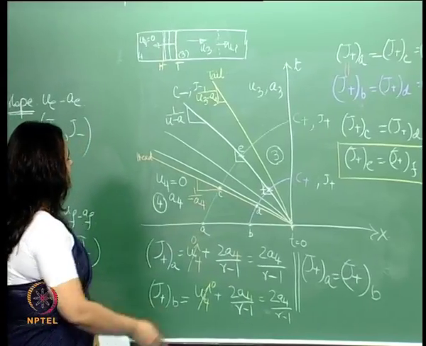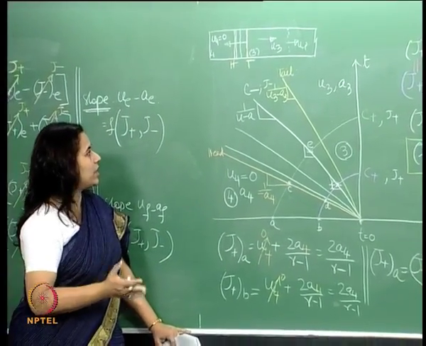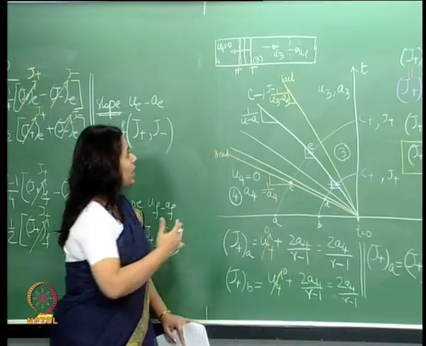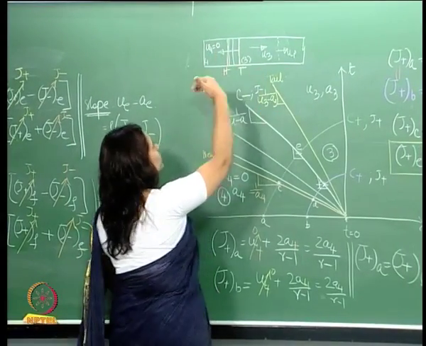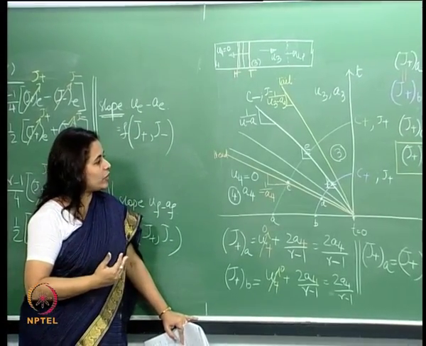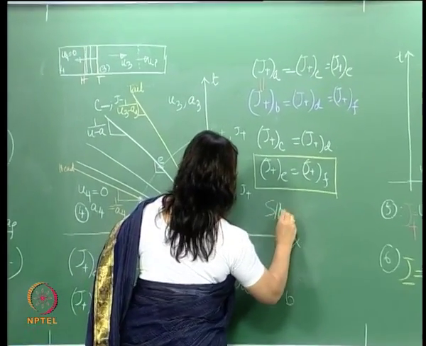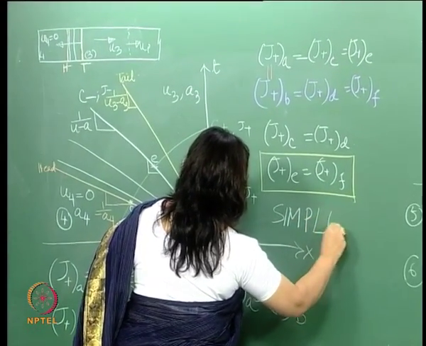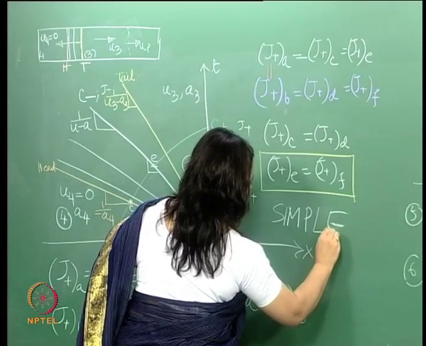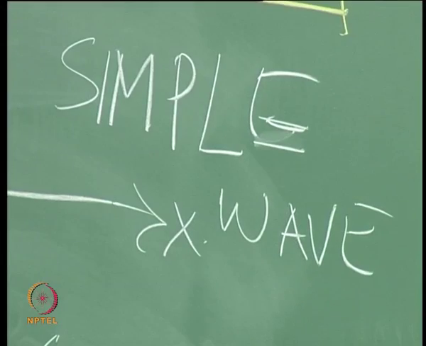So therefore, the C minus characteristics, or characteristics usually, become straight lines when the wave is moving into a quiescent flow. And this is usually called a simple wave.